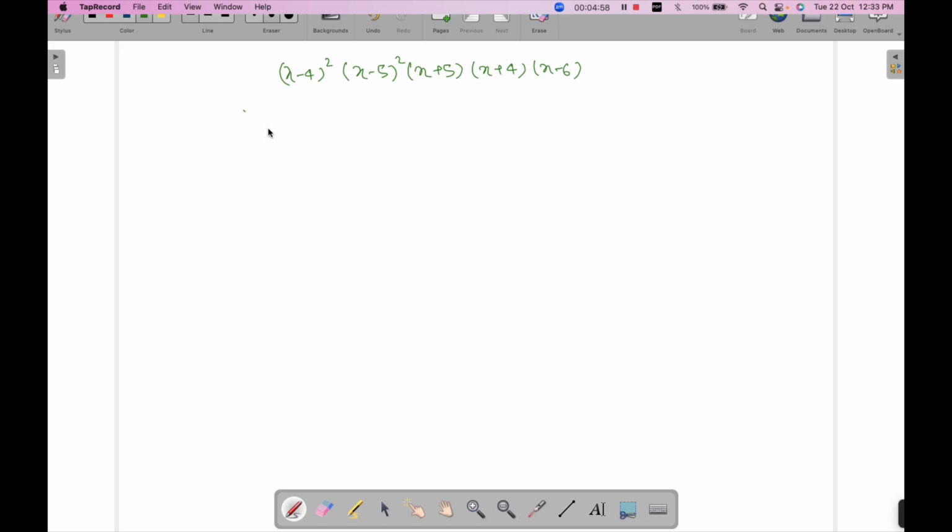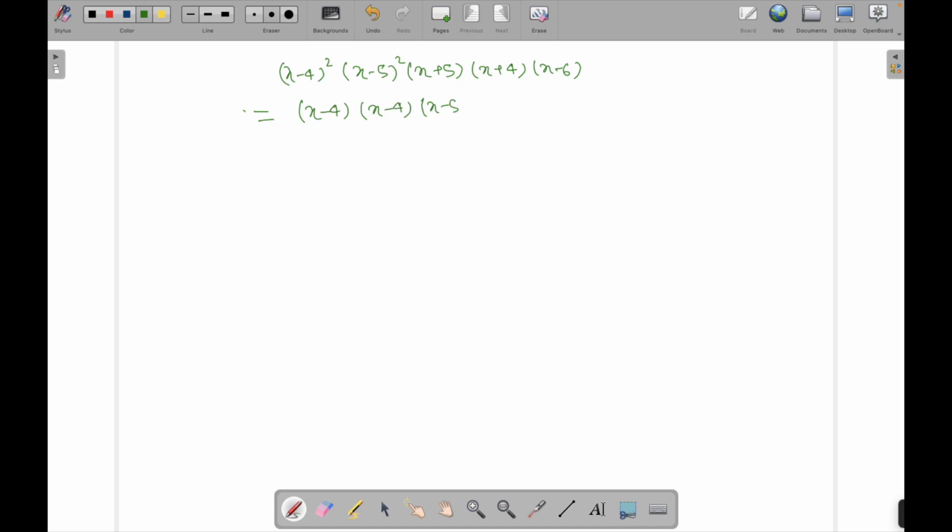Alright, so let's further simplify this to finally get to the answer which is given in the book. What we can do here is write this as (x minus 4) into (x minus 4) into (x minus 5) into (x minus 5), and then (x plus 5) into (x plus 4) and (x minus 6). This (x minus 6) will be staying separately, but let's try to combine (x minus 4) and (x minus 5), and then the same (x minus 4), (x minus 5), and (x plus 5) and (x plus 4).